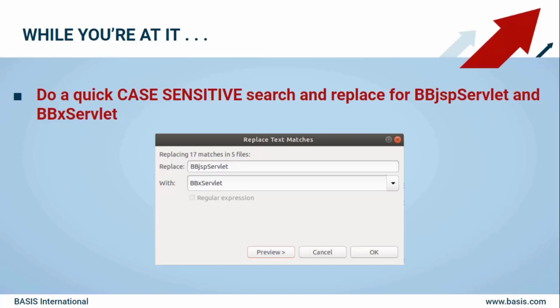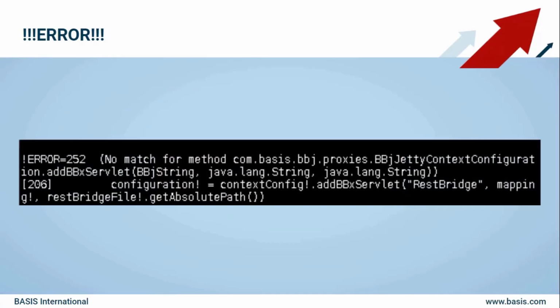So with all that changed, I figured I was done and tried to run the RestBridge plugin. Uh-oh. Looks like BBJ has a problem with the add BBxServlet method having the same parameters in the same order as the add BBjspServlet method. Who could have expected that?